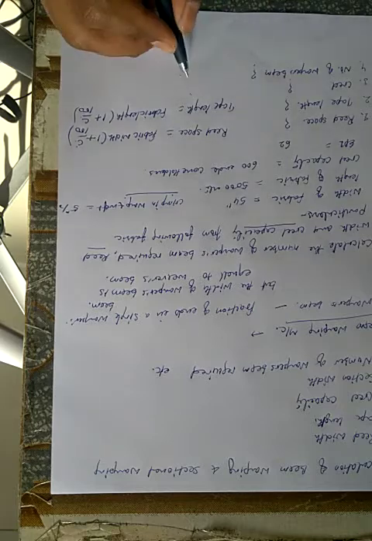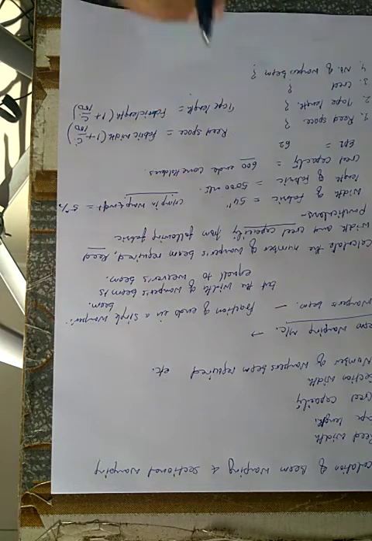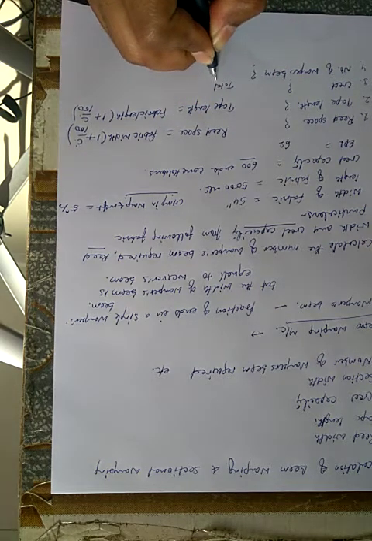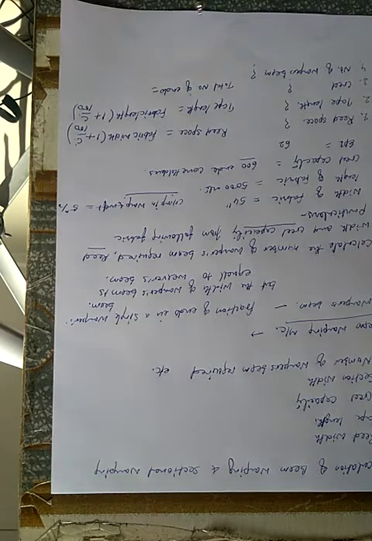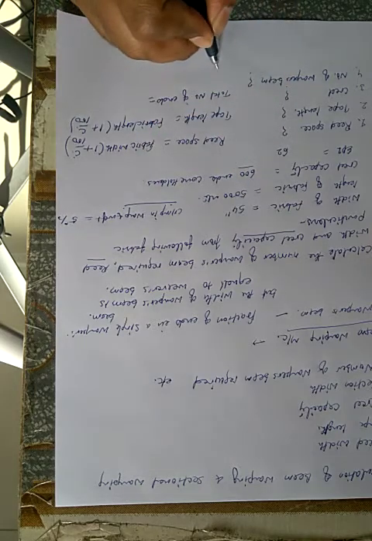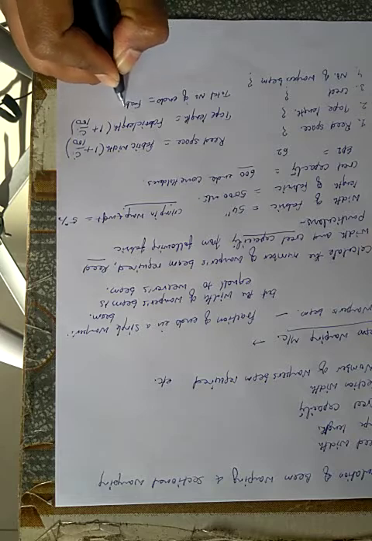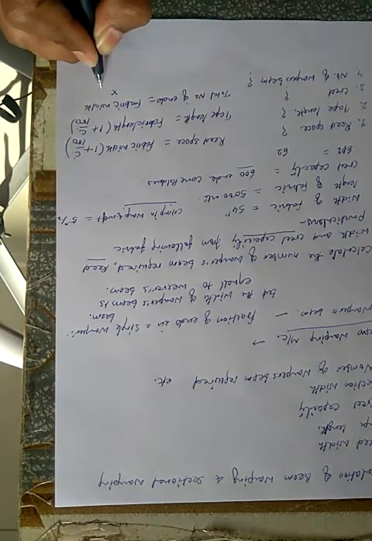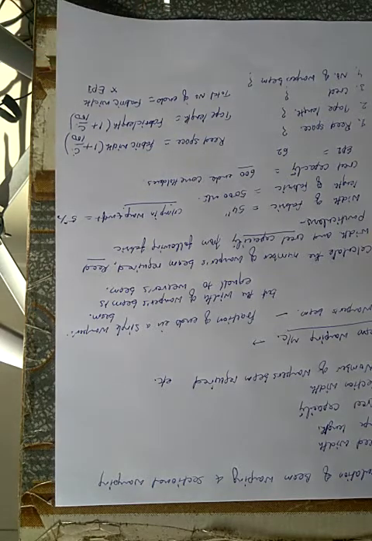Now the creel. Here we have the creel capacity 600. First of all we will calculate the total number of ends. Total number of ends can be calculated by the fabric width multiplied by ends per inch.